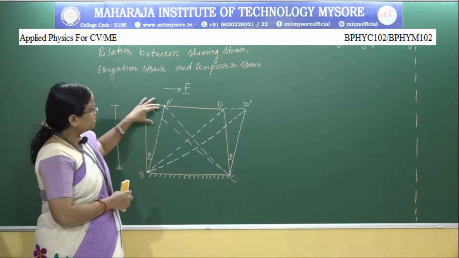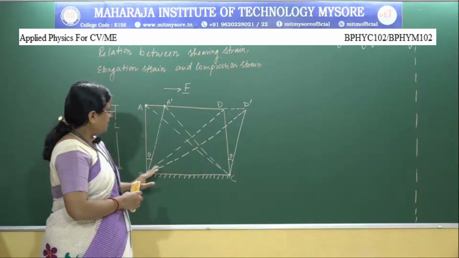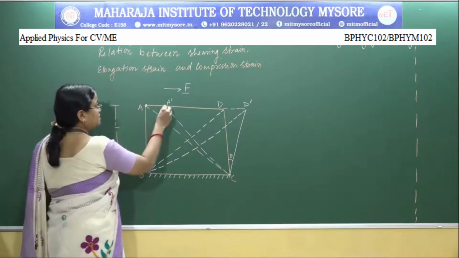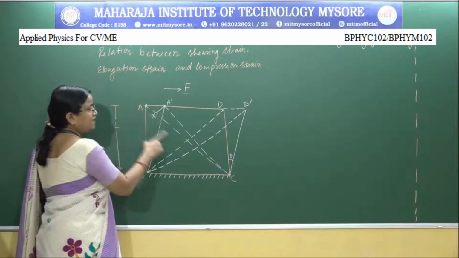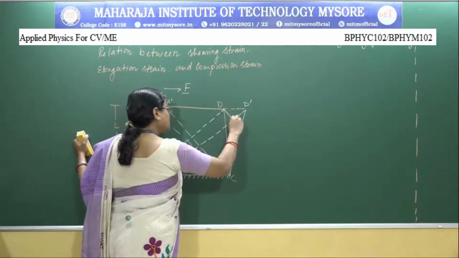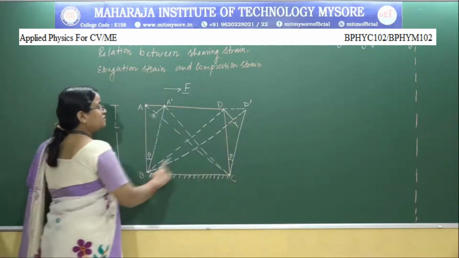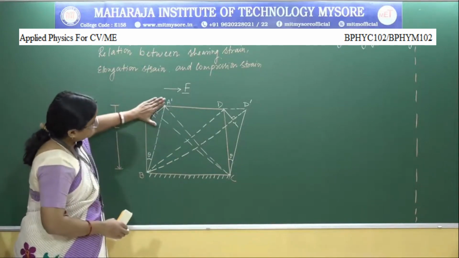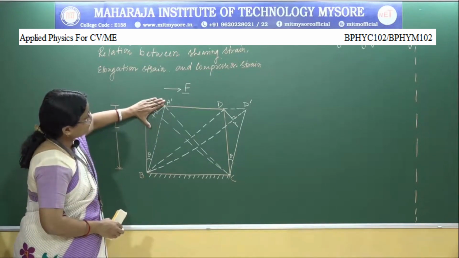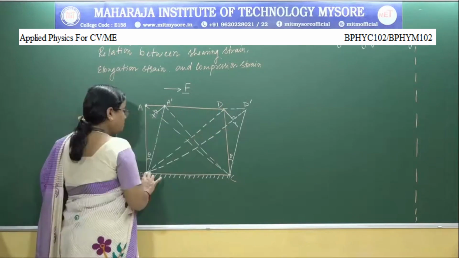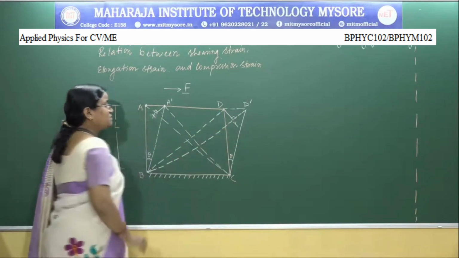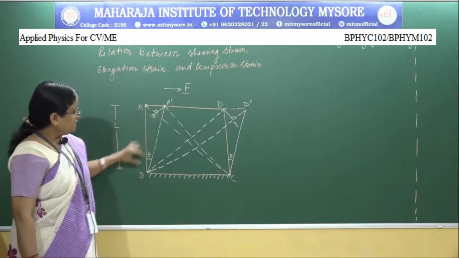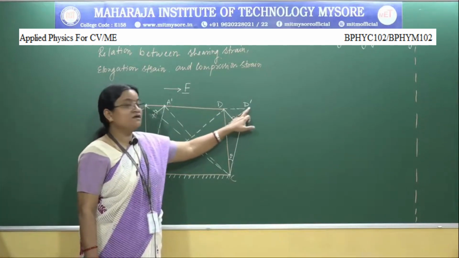To find out by how much AC got compressed and by how much BD got elongated, we will drop a perpendicular AX on AC and a perpendicular BY on BD dash. Now we can observe that A dash C is equal to XC and BD and BY are equal. So AC got compressed by AX and BD gets elongated by YD dash.